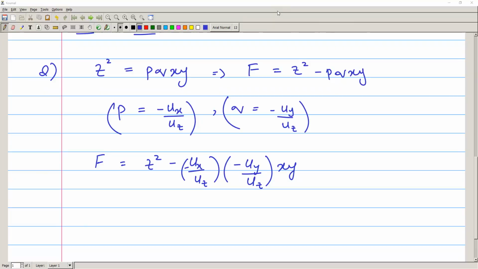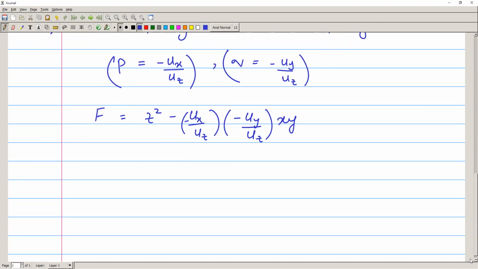Now we will make some simplifications. We can write this as z squared minus ux uy times xy over uz squared equals 0.